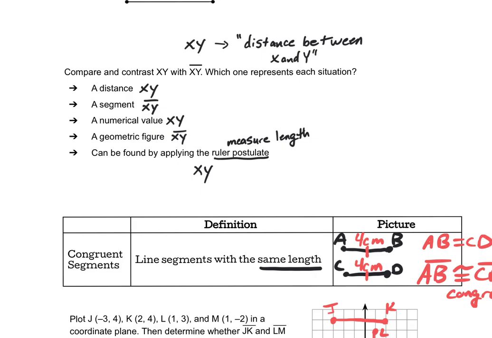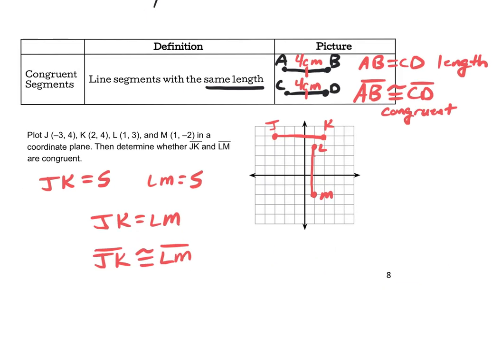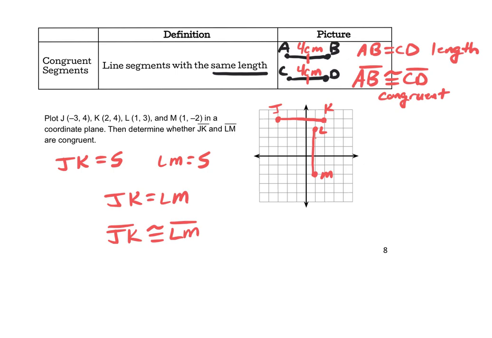When I use that symbol, I'm saying the two segments are congruent. Do those two things mean the same thing? Yes, just a little bit different way of saying it. Here we're saying they have the same length, then we say that they are congruent. Any other questions there?